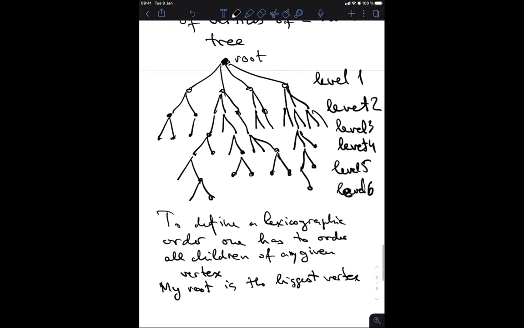Now I'm looking at its children, for example. In my picture, my plane drawing is in fact already a lexicographic ordering, because I'm looking at the children of the root and ordering them by depicting them on the plane from left to right.